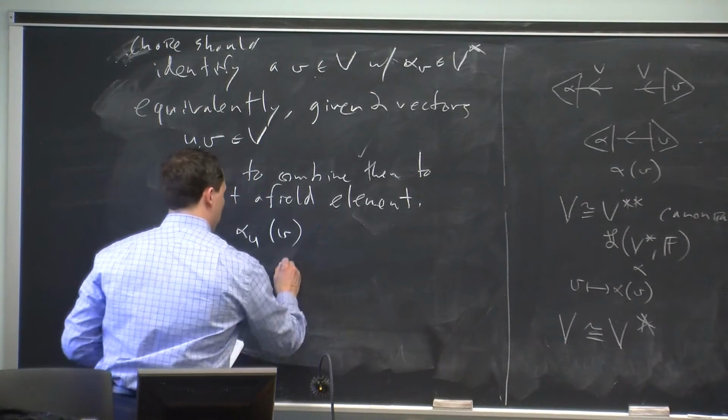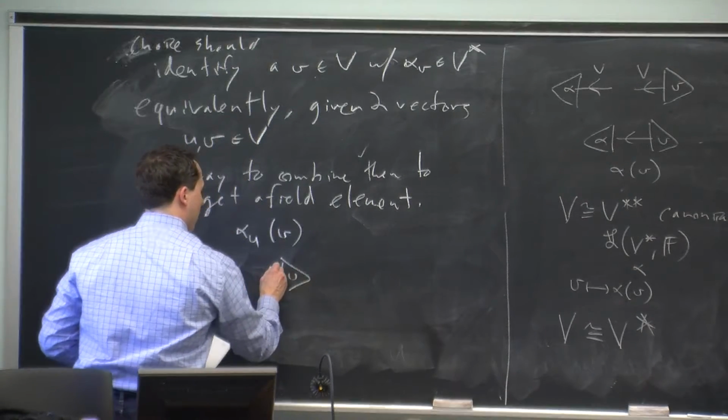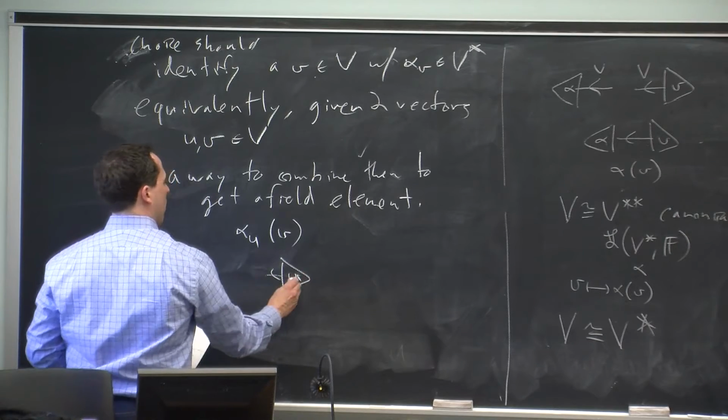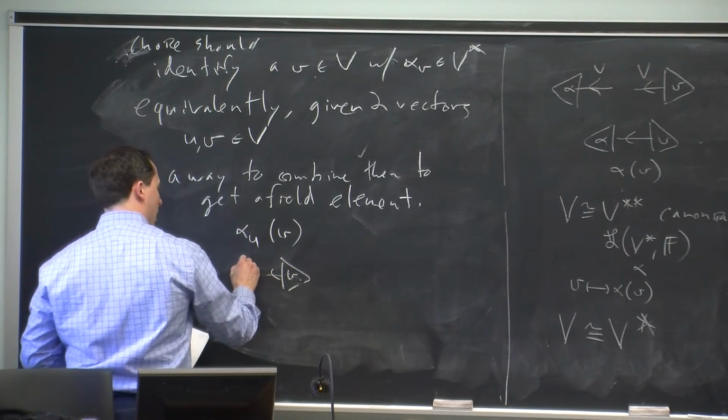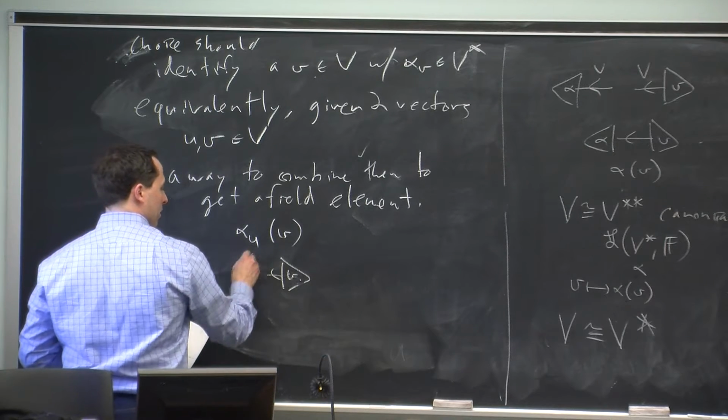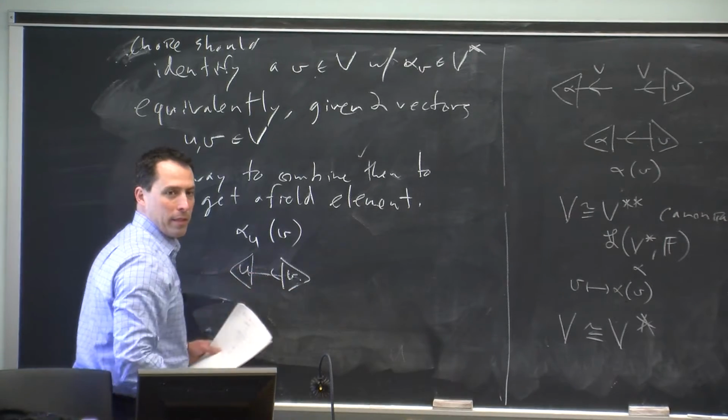Right? Or in this picture, I take my U, and I map it to alpha sub u, which is something in the other direction, and I can combine them to get a field element.